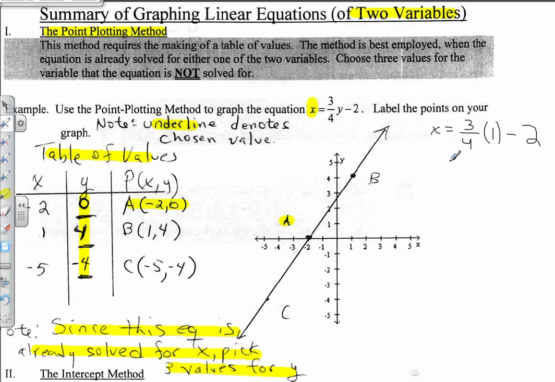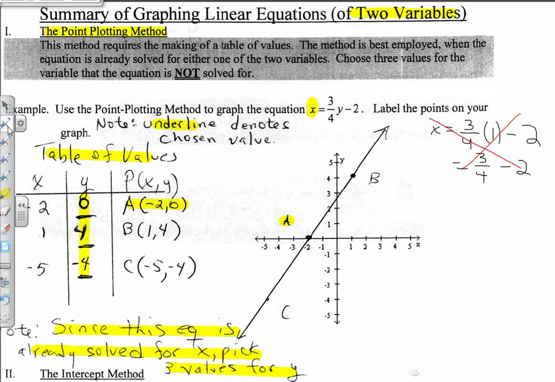Well, what's wrong with that? If you take 1 times 3/4, then you'll end up with a fraction minus a whole number. In other words, I have to do fraction work, and I really don't want to do that. So that's not a good choice for y.